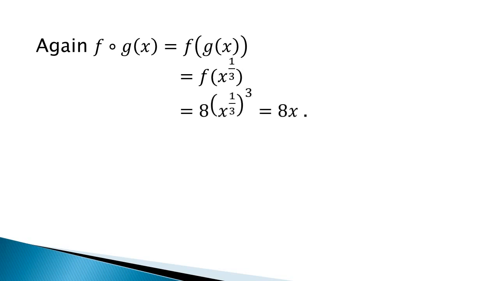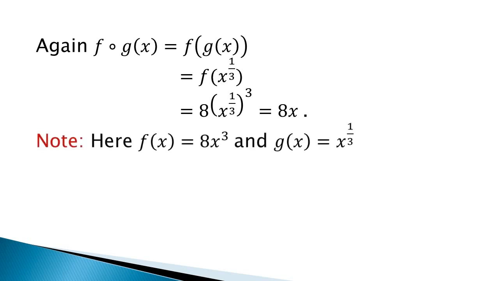Since f(x) is equal to 8x cube, whatever be inside the bracket, it is x to the power 1 by 3. So we have to make the cube of it and multiply by 8, that is 8 into (x to the power 1 by 3) cube, and in that way it gives us the result as 8x. That means g of f and f of g are not equal in this case.